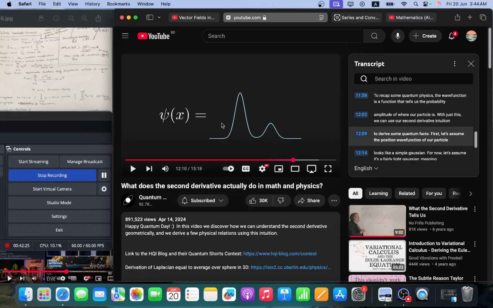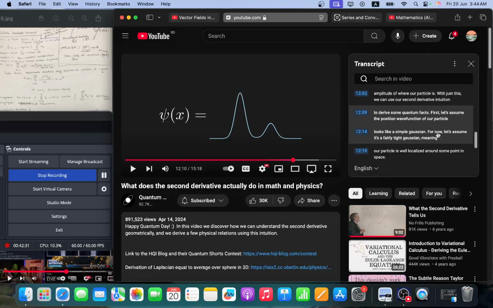And the last thing he was talking about: assume a position wave function of a particle, something about probability and Gaussian. Okay, because it mentioned Gauss, I'm just going to check this one out before I get into my next venture, which should be this one, by the way.